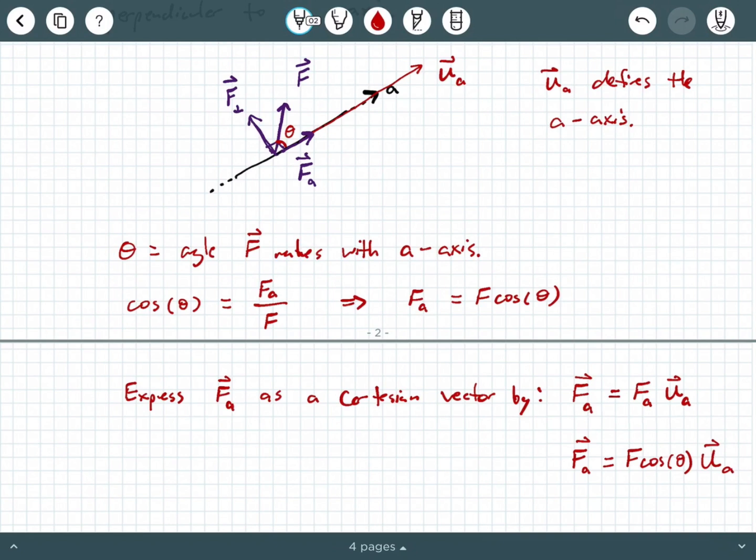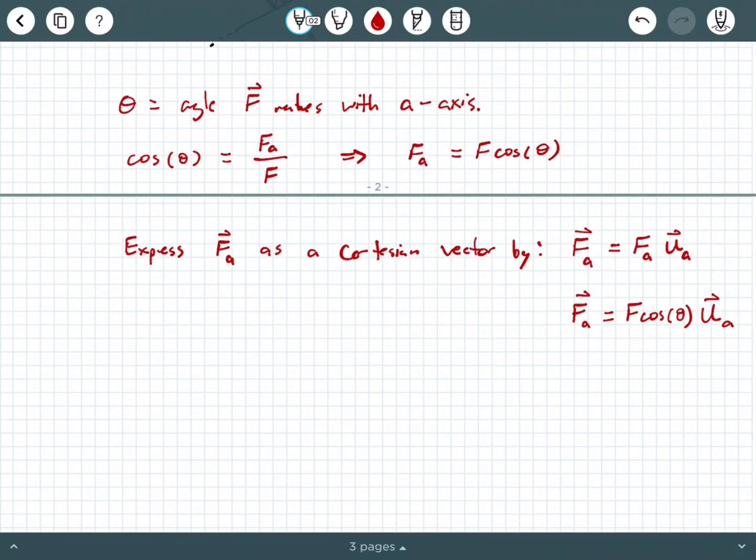If you look very carefully, we can start seeing where this is relating, or tiptoeing into the application of a dot product. So we can also say that the magnitude FA is equal to vector F dotted with the unit vector U sub A.